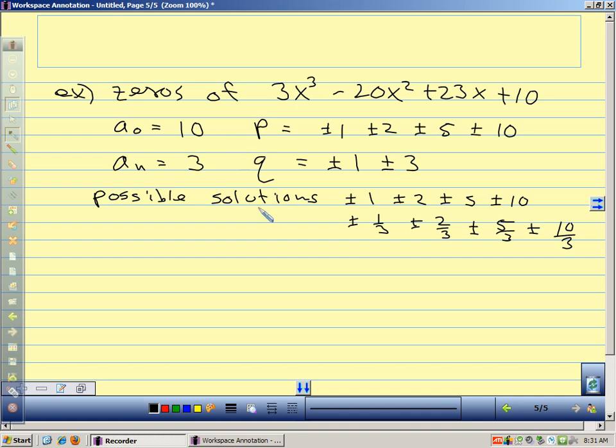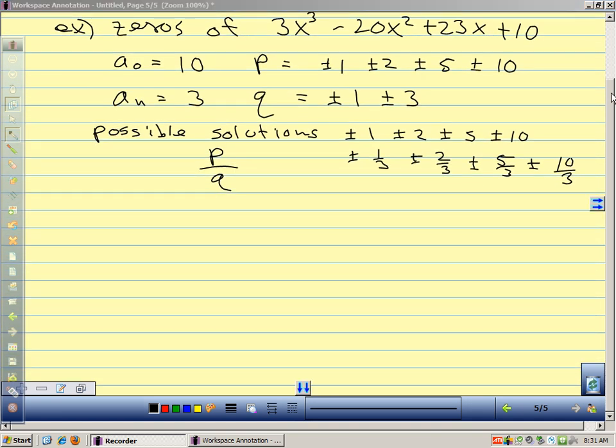Our possible solutions are p divided by q. So all the possibilities of p divided by all the possibilities of q. Any of these can be the numerator, and any of these can be the denominator. So these are the possible zeros of this polynomial.